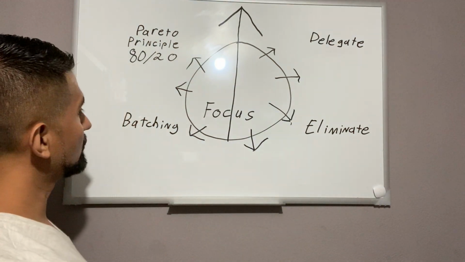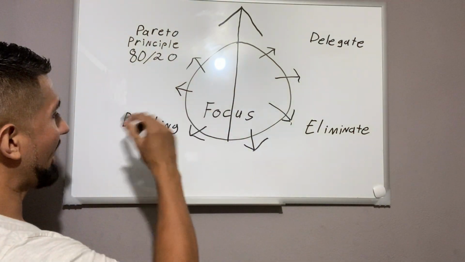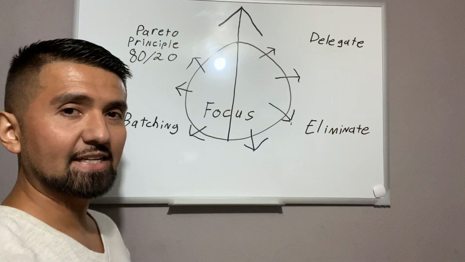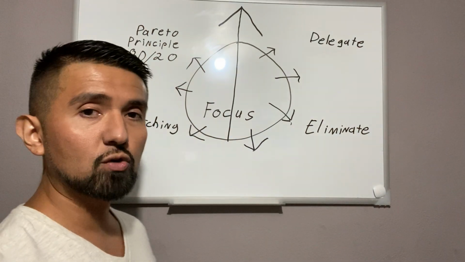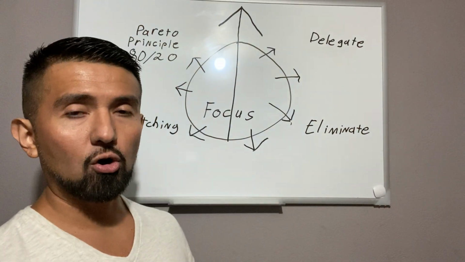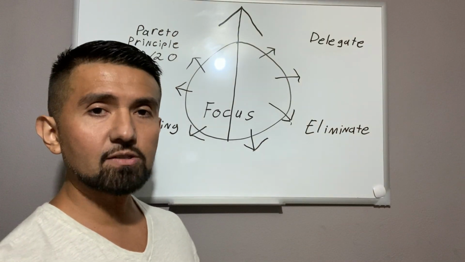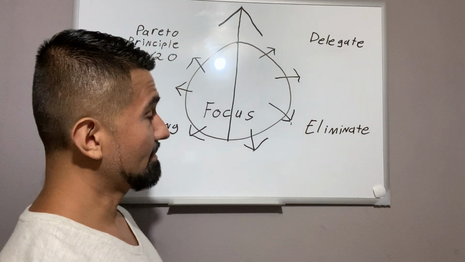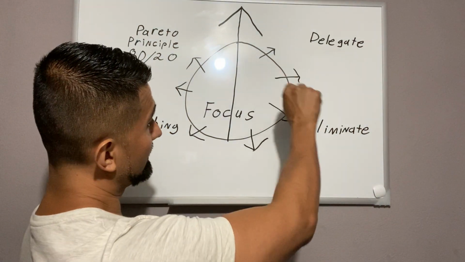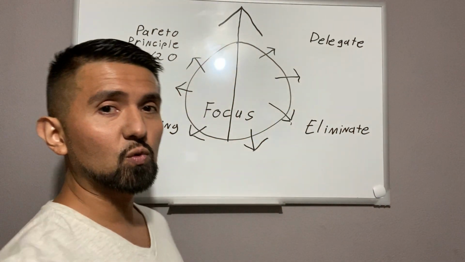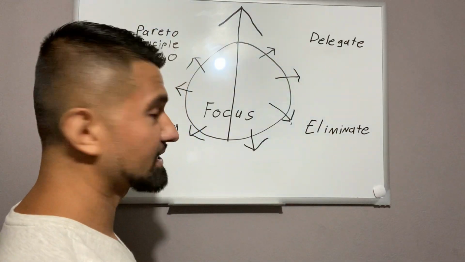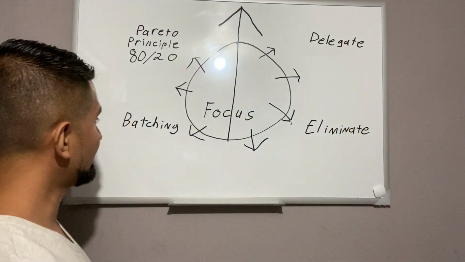You can write or batch your content in advance. That way you can be a lot more organized, a lot more ahead of the game. And it sounds simple, right? But when our focus goes in different directions, we lose track of this simple concept of batching.